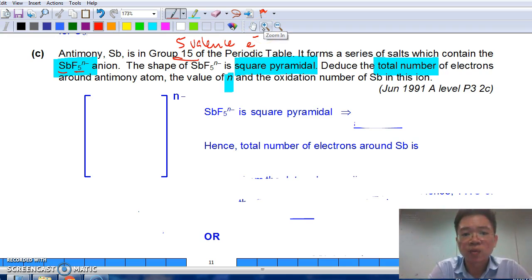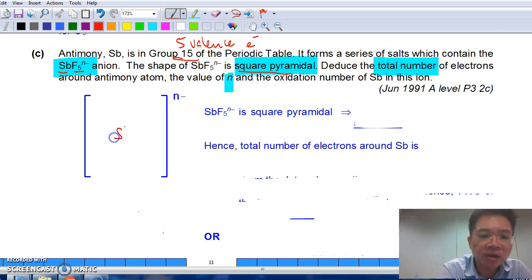One more thing we know is the shape, square pyramidal. Square pyramidal means that there are 5 bond pairs and 1 lone pair. So we can draw it: Sb, F, F, F, F, F, and a lone pair here.